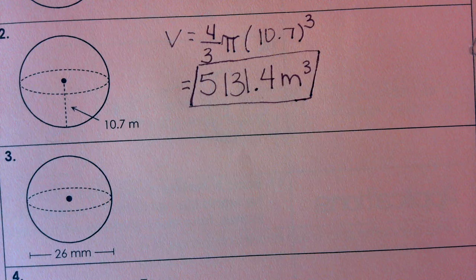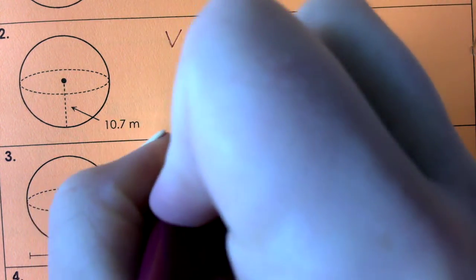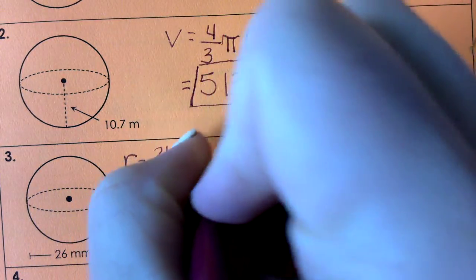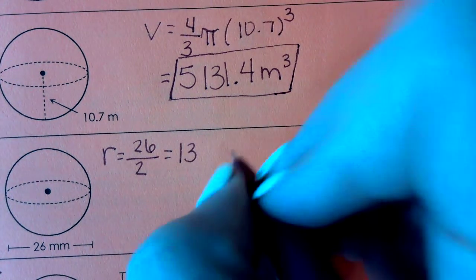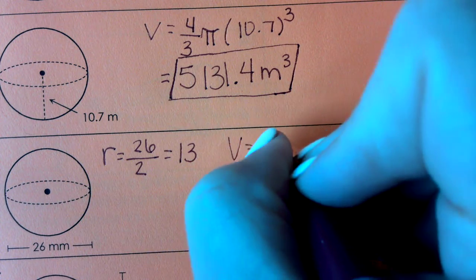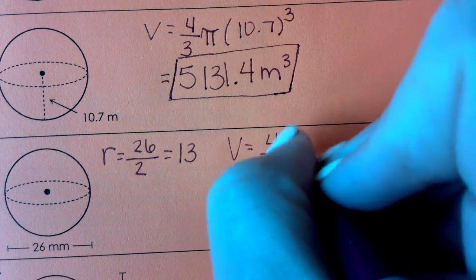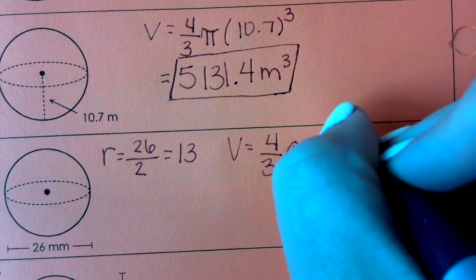What's wrong with number 3? It's my diameter. So how do I find my radius? 26 divided by 2, and that's going to get me 13. So then my volume equals 4/3 pi times 13 cubed.